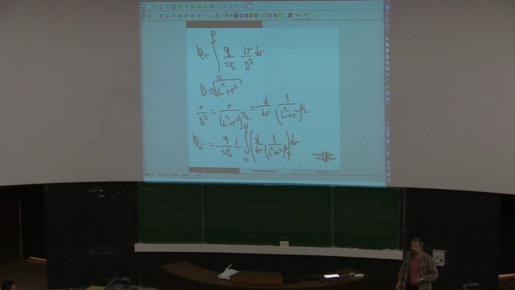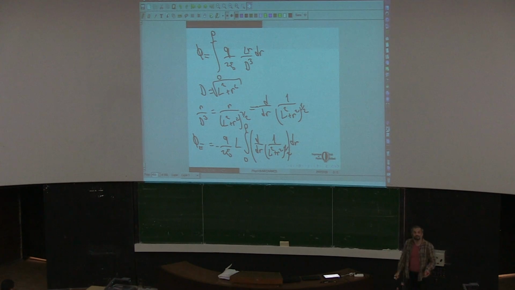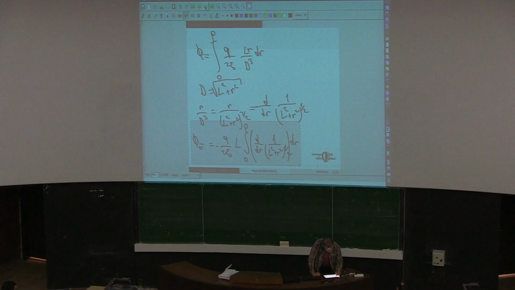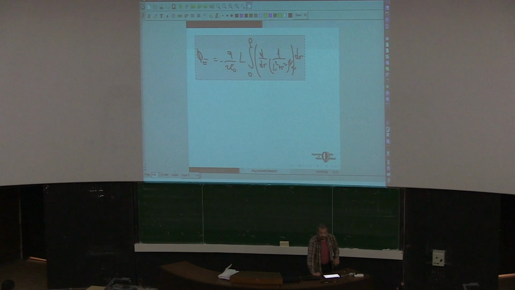You can think of it as the dR's cancelling, so I'm just summing the changes of this factor as R goes from 0 to rho. Or you can say the integral of a derivative is nothing but the function itself. So this is our flux. The integral of a total derivative is easy.